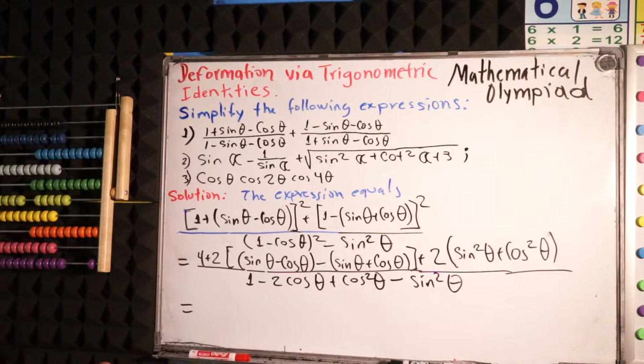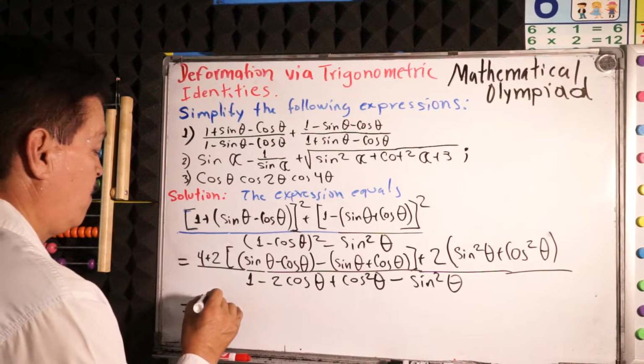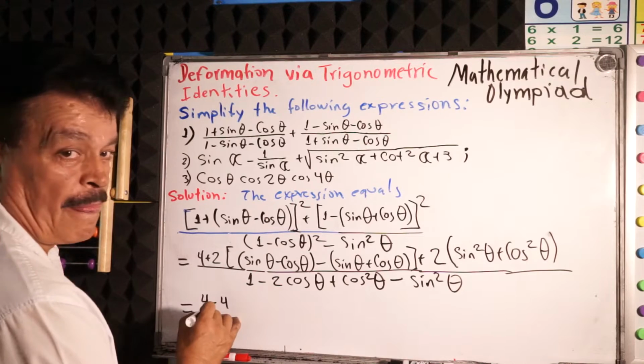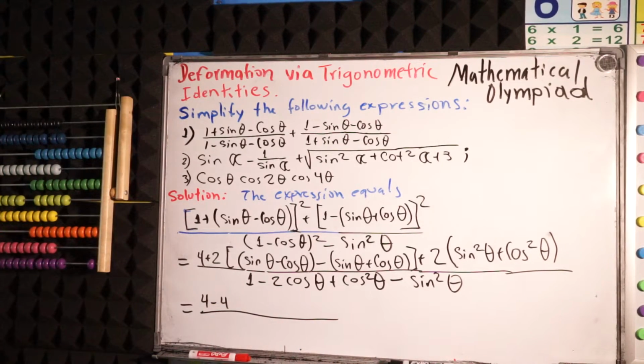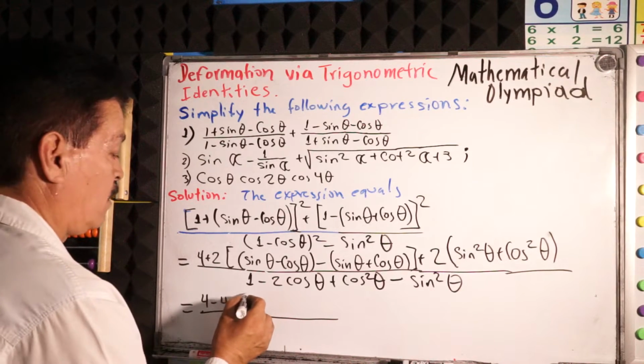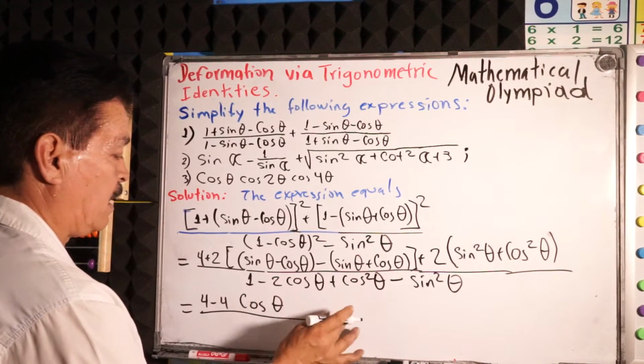So the last step is write 4 minus 4. Let's write right here. On top, cos of this angle, all right?